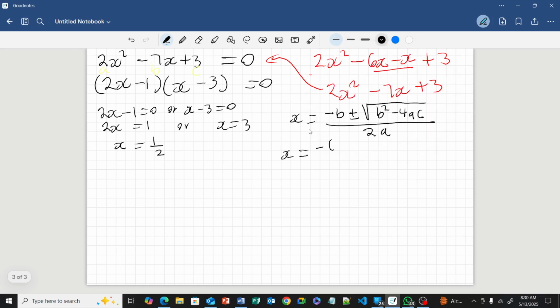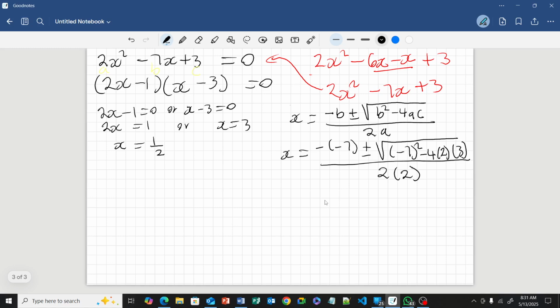Okay, now my b is minus 7, then plus or minus. Remember, you substitute one sign first. The square root of what? b squared. So you put brackets, minus 7 squared minus 4 times a. The value of a we found to be 2, multiplied by c, which was 3, divided by 2 times a. So 2 times 2.